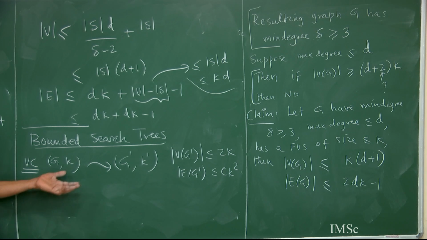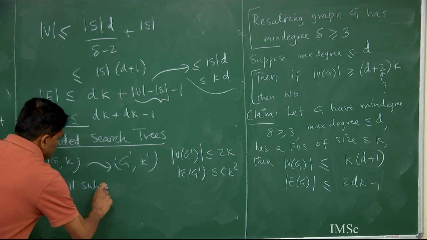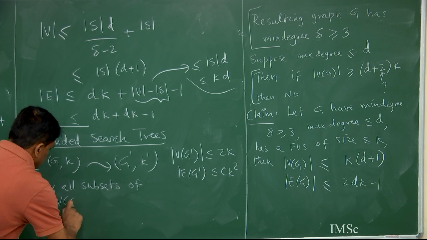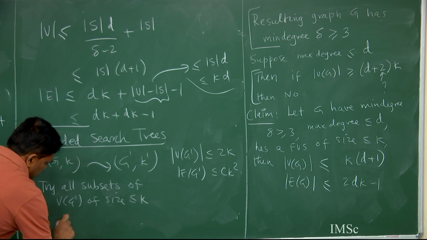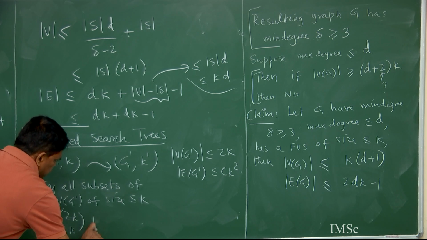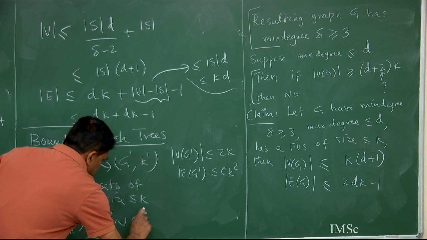A brute force algorithm for whether there is a solution of size k for vertex cover would be to try all subsets of size k and check whether it covers all the edges. That will be n choose k times some polynomial. Since n is at most 2k, it will be 2k choose k times some polynomial in k, and 2k choose k is roughly 4 power k.